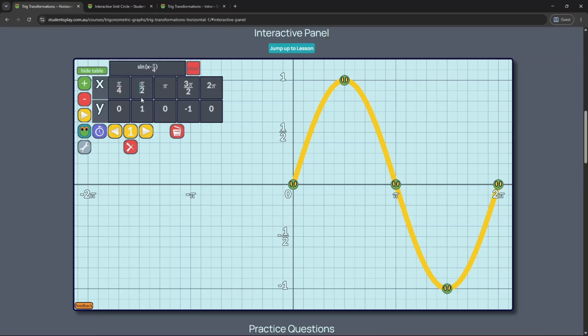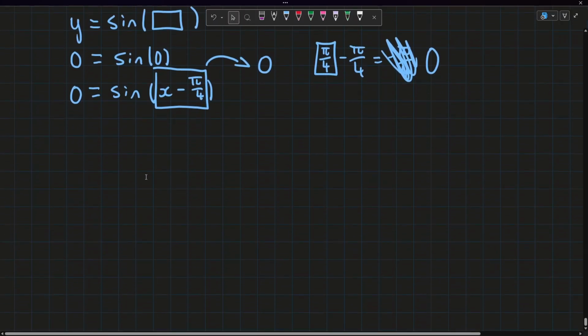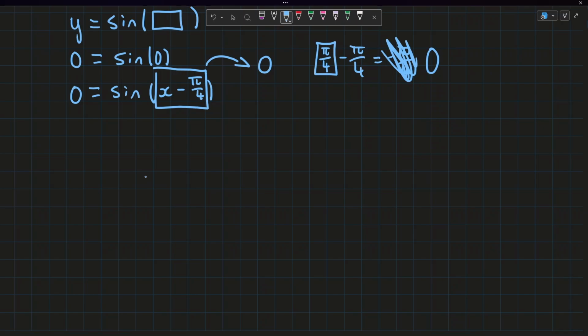What about this next one? To get this point, we would want to have sine of pi on 2 to get our 1. So sine of pi on 2 gives us our 1.